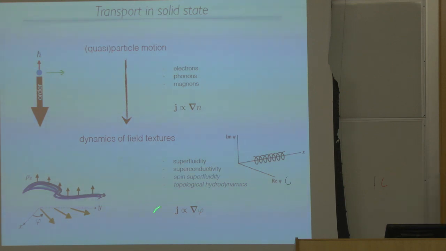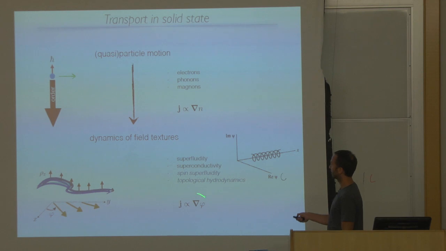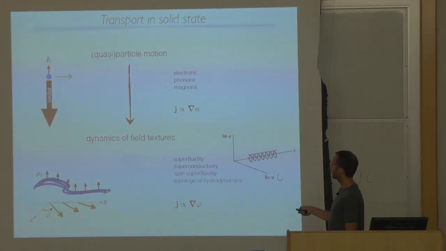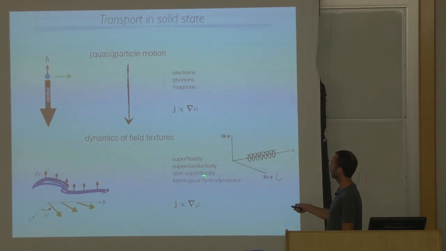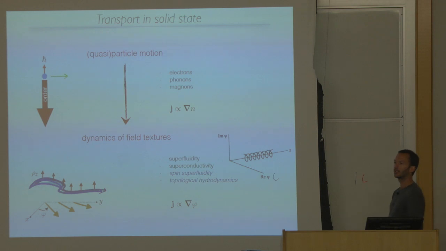Now, the aspect of superconductivity that is key for this talk is its topological stability. And understanding that will bring us to the notions of spin superfluidity, and then more generally topological hydrodynamics, of which superfluidity and superconductivity are just one special example.